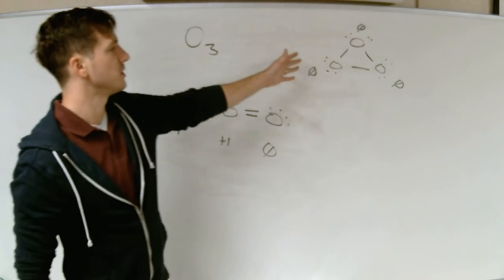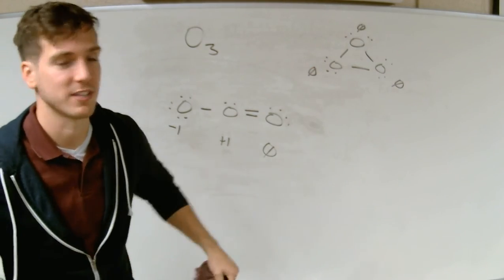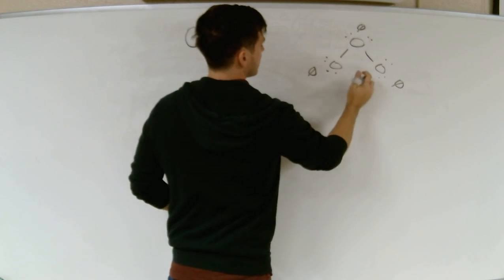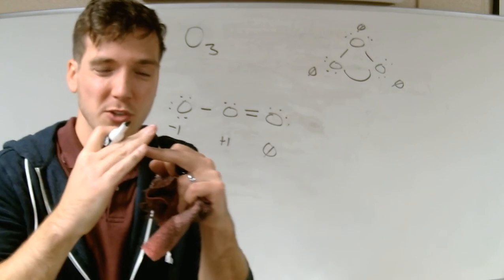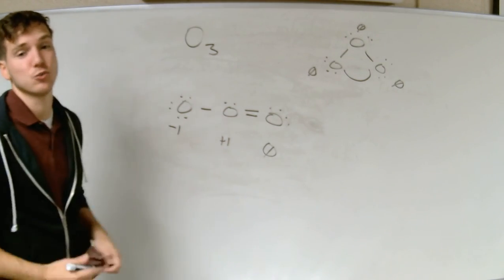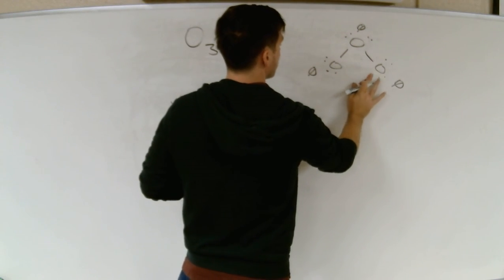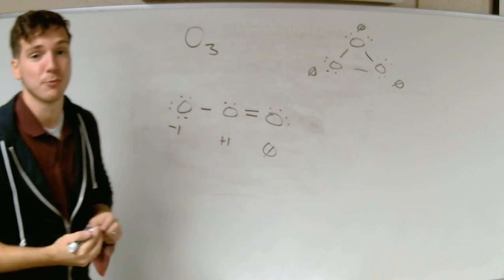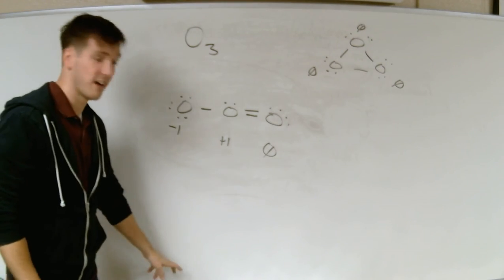But it won't do this. To make that triangular shape, it puts way too much stress on those bonds. Those bonds actually start looking like this, and they put so much force on them that they actually break, and it reverts back to this actual Lewis structure. So, in theory, this is the best Lewis structure. But in the real world, that is actually the Lewis structure of ozone.